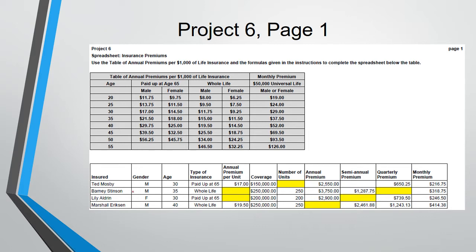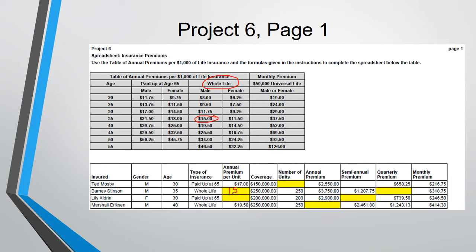So for Barney Stinson, we're looking at a 35-year-old male that has the type of insurance called whole life insurance. So we're looking at this one right here, whole life, male, 35 years old, which means the annual premium per unit will be $15. So you're going to write in $15.